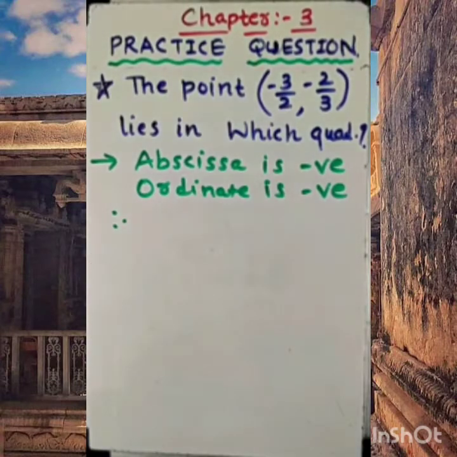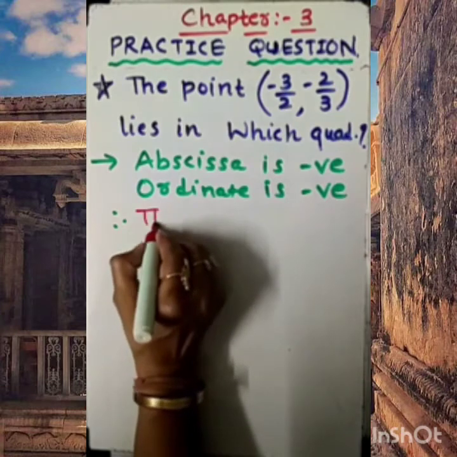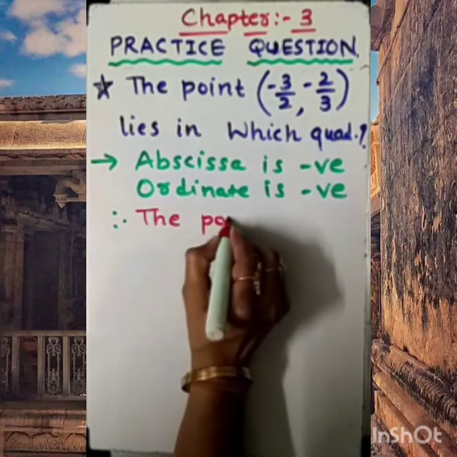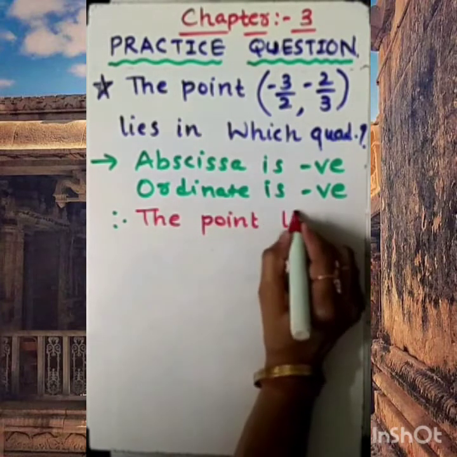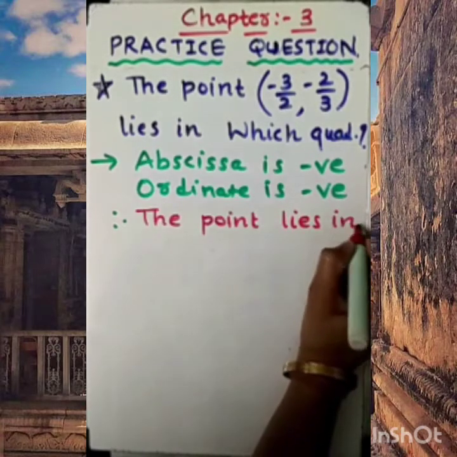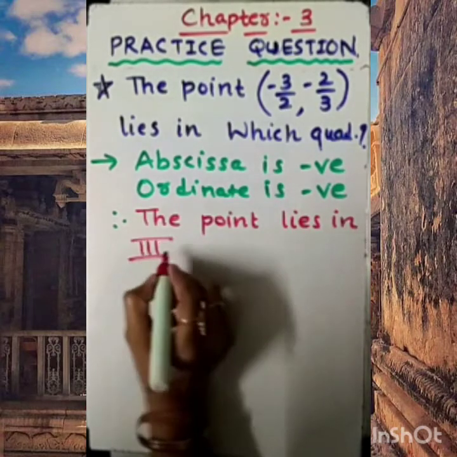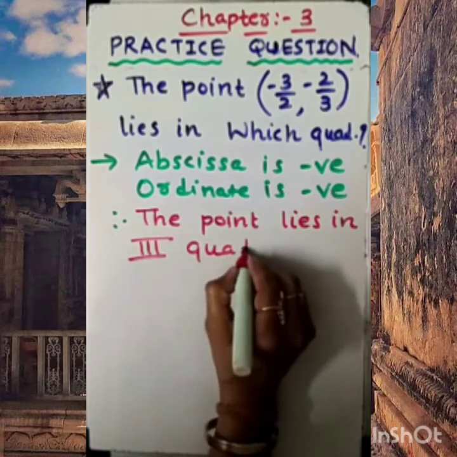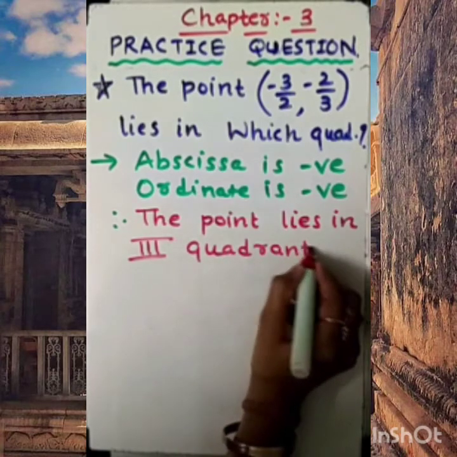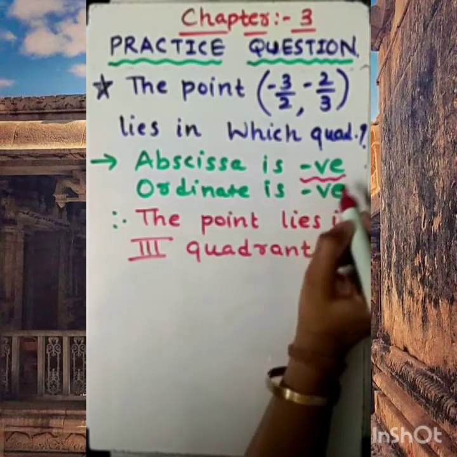Therefore, we can say the point lies in third quadrant. Clear to you? Point lies in third quadrant, as we know both of them are negative.